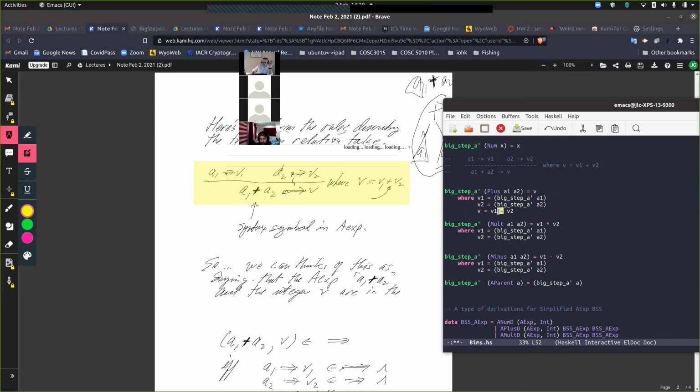And notice that here I'm using the real plus from Haskell, the plus that works on integers, whereas this is just a constructor for this syntactic thing.